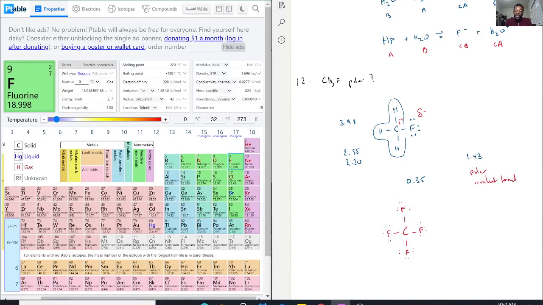The reason being is because all the fluorines are trying to keep the electrons, and because they all have around the same amount of power, which is the electronegativity, they all cancel each other out. You're just like, okay, I respect your strength. I know you want to keep your electrons, so I can't really bother you. This is considered a non-polar molecule, and this is still tetrahedral molecular geometry.